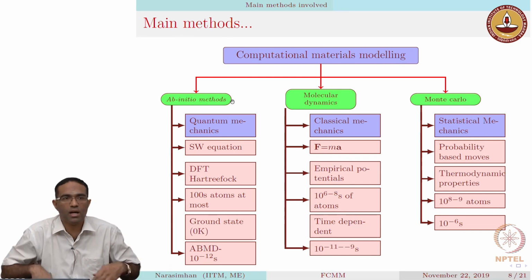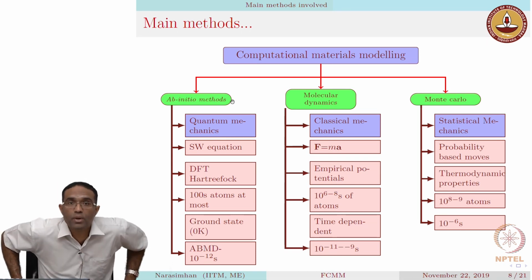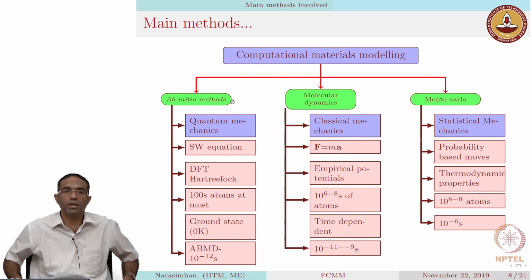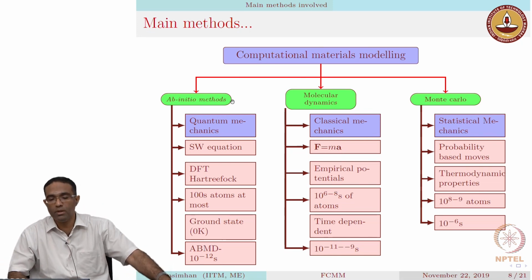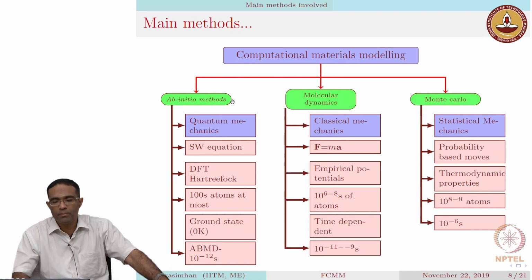Since it has a large number of degrees of freedom, including both atomic and electronic degrees of freedom, you can probably deal with at most hundreds of atoms in this particular technique. And generally, people deal with only the ground state, which is the 0 Kelvin or 0 temperature state, when they are looking for various properties using these methods.